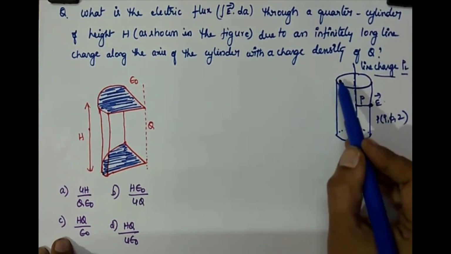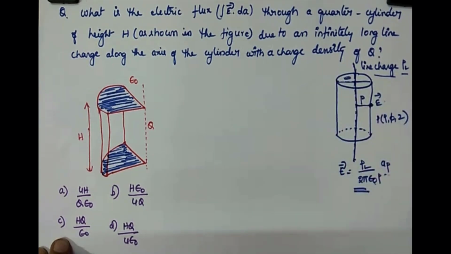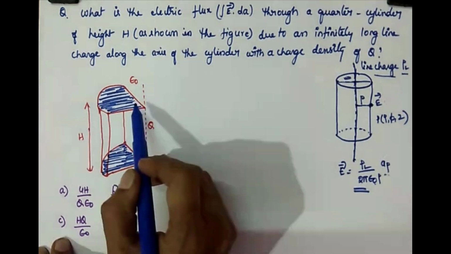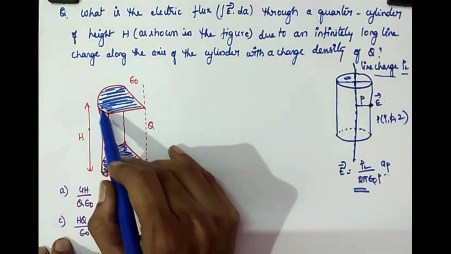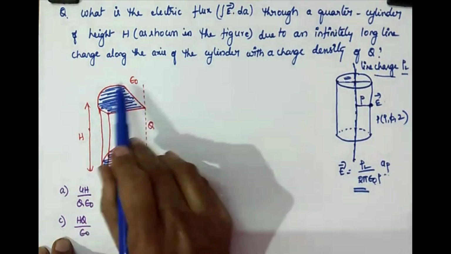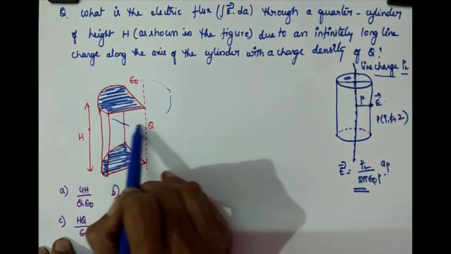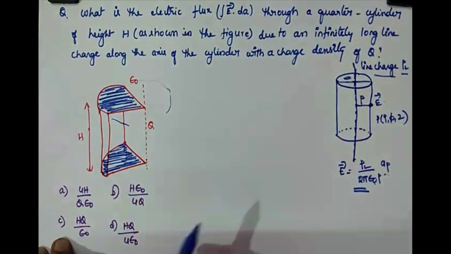Suppose this is your half, and if you remove another half, then you'll get only this one. That is called a quarter cylinder. The other things are common. The remaining part gives you the full cylinder. If you complete this, you're going to get the full cylinder.